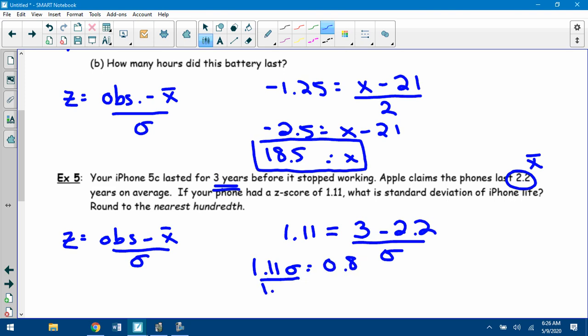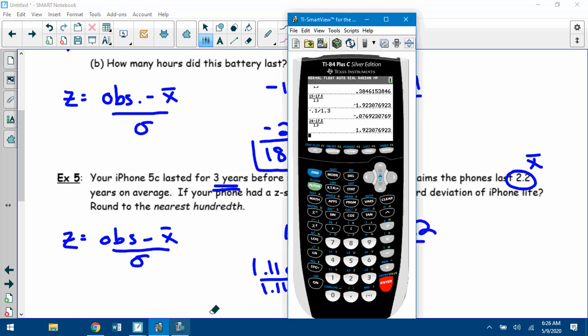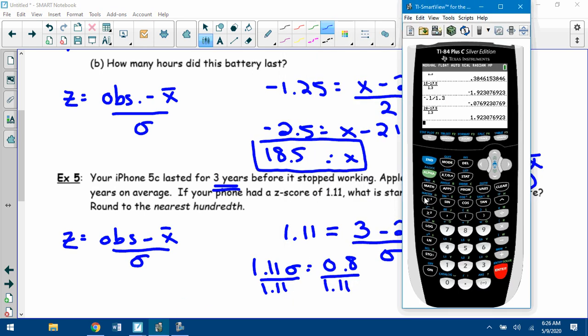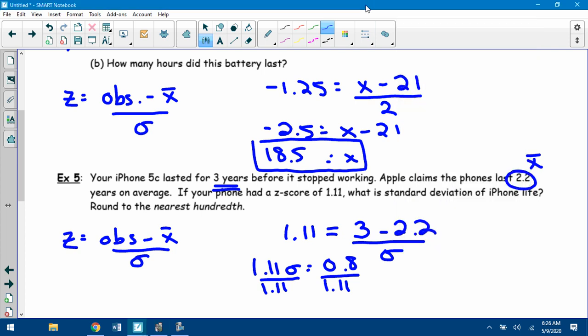So if I solve for standard deviation, 0.8 divided by 1.11, 0.72 would be the nearest hundredth. So that means on average, most batteries last between 0.72 years away from 2.2.